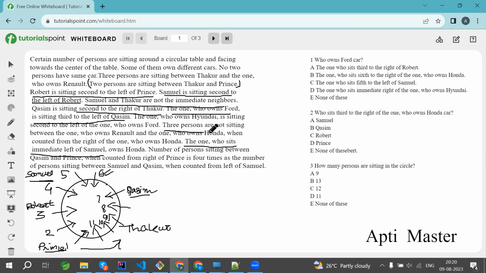Next, three persons are not sitting between the one who owns Renault and the one who owns the Honda when counted from the right of the one who owns Honda. So we know who owns the Honda. So three persons are sitting between Thakur and the one who owns Renault.